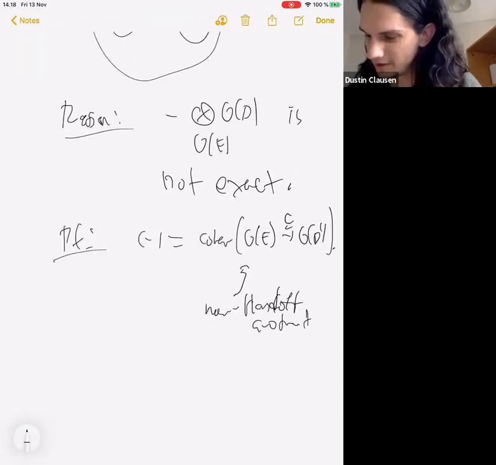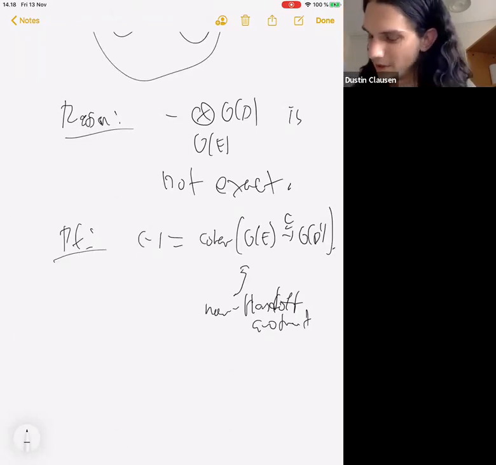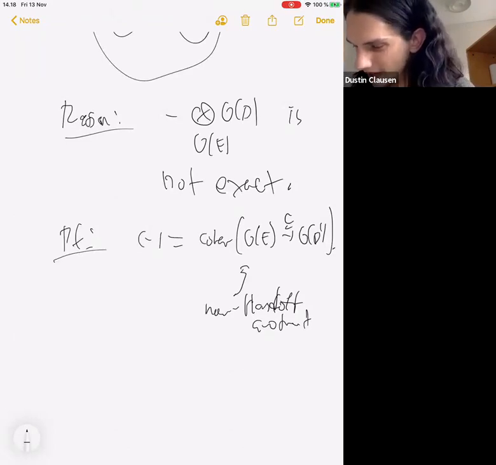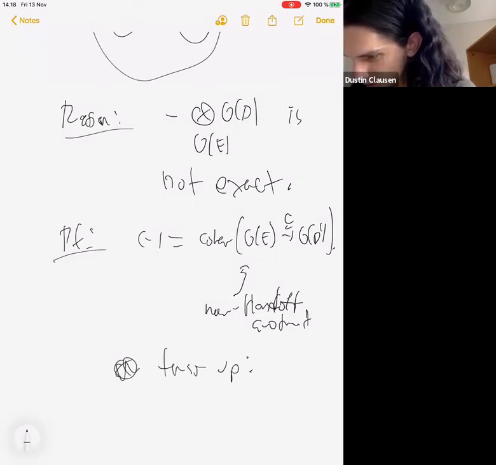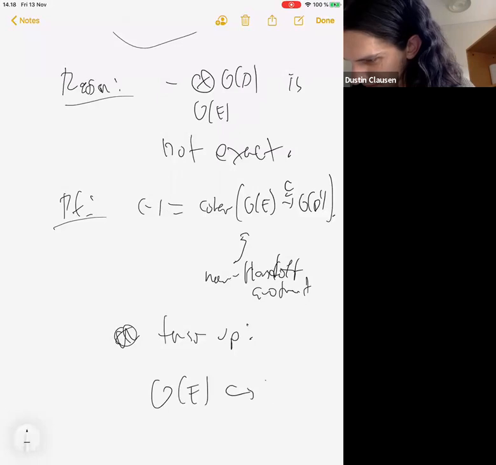If we apply the tensor product, when we tensor up to O of D, then we're getting this inclusion, O of E including into O of D prime.